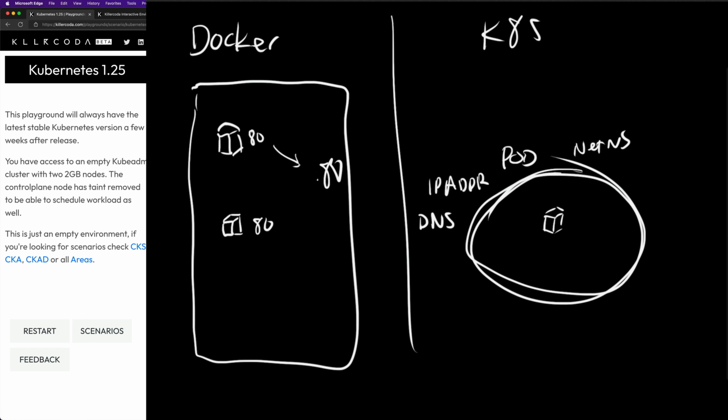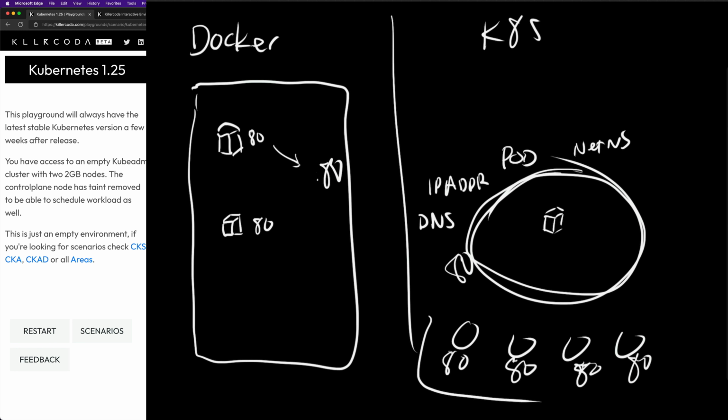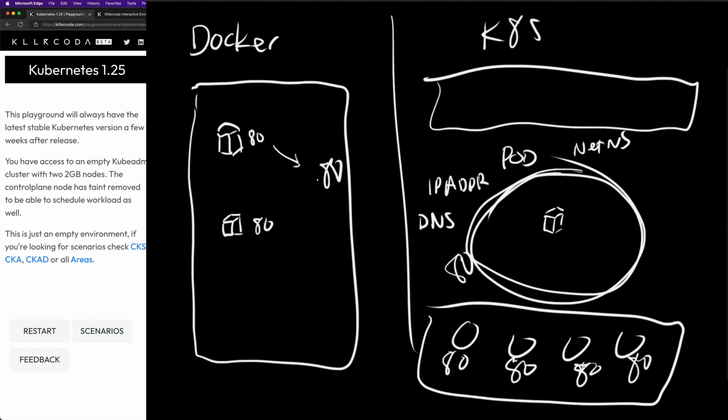So you can have multiple pods, each exposing their own port 80, and they can all be on the same host if you want. Or because pods are not necessarily coupled to a host, they can move around to any infrastructure and still operate within that same isolated environment.